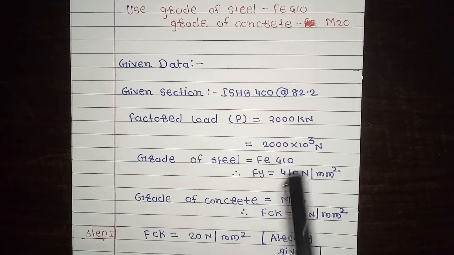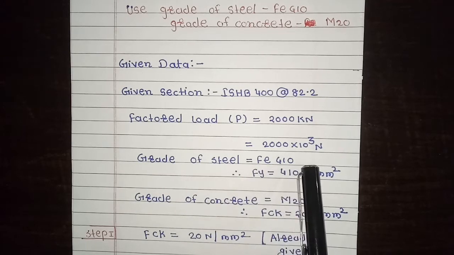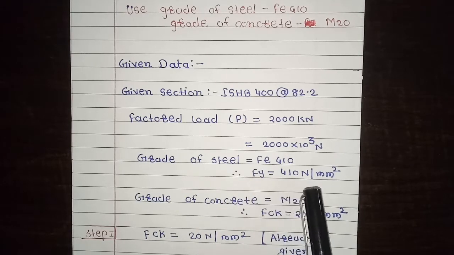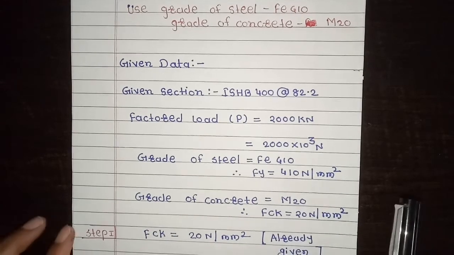Then grade of steel Fe410, so we can write Fy is equal to 410 Newton per mm square. Then grade of concrete M20, so we can write FCK is equal to 20 Newton per mm square.